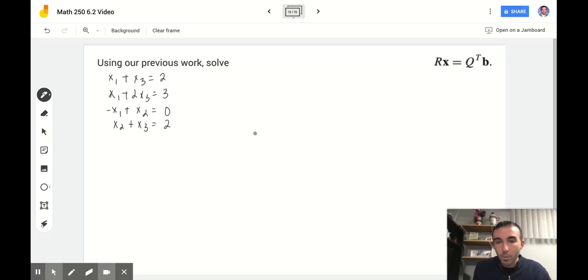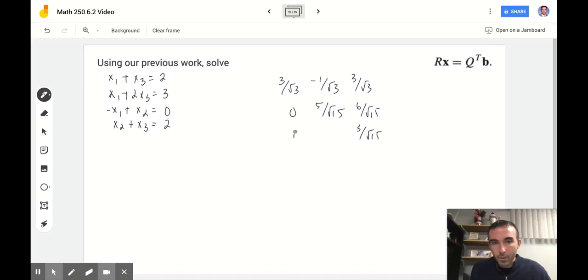So if you would like to find the solution to this system, we can simply take our matrix R that we found before. That was 3 over radical 3, negative 1 over radical 3, 3 over radical 3 again, 5 over radical 15, 6 over radical 15, and 3 over radical 15.